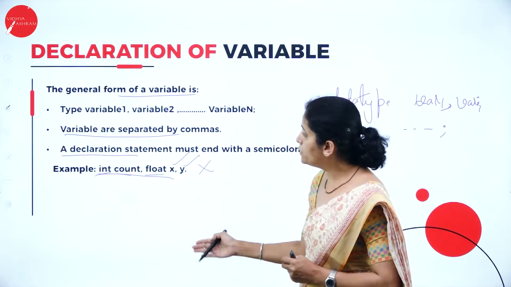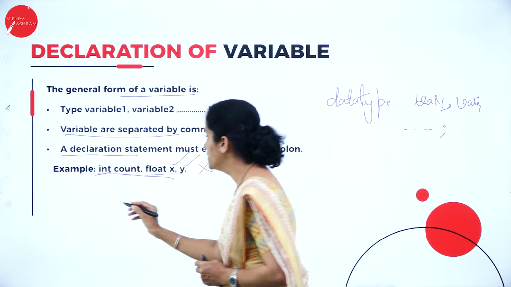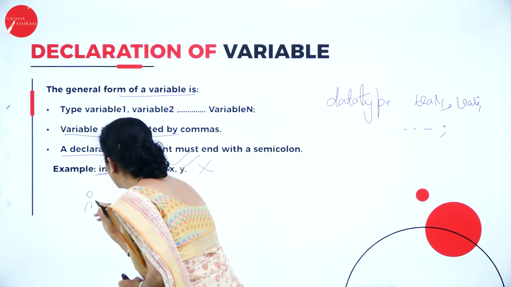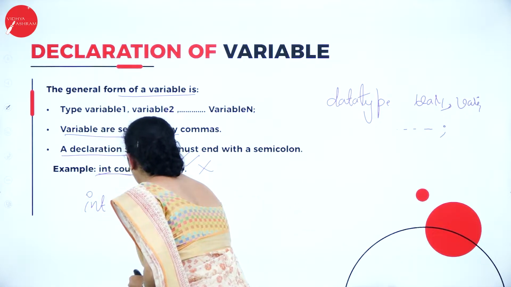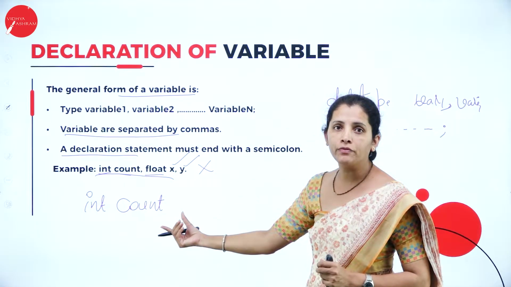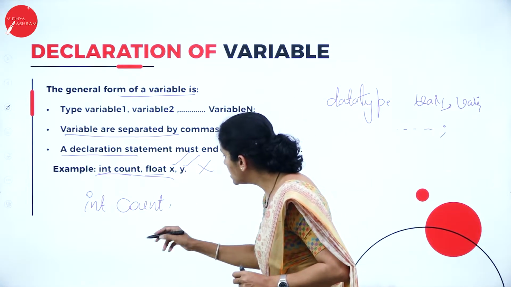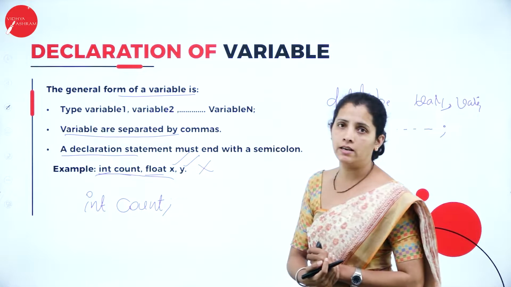Now let me rewrite this example once again. That is int, then count. To indicate this is the end of the line, I want to place the semicolon at the end.